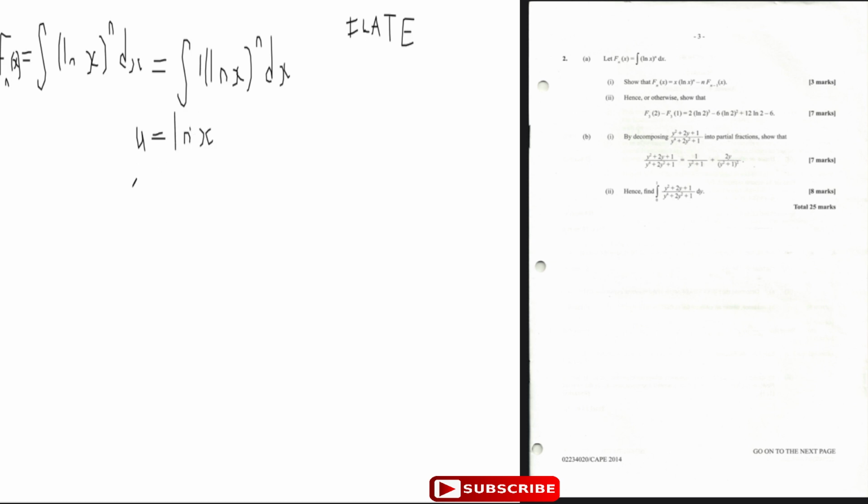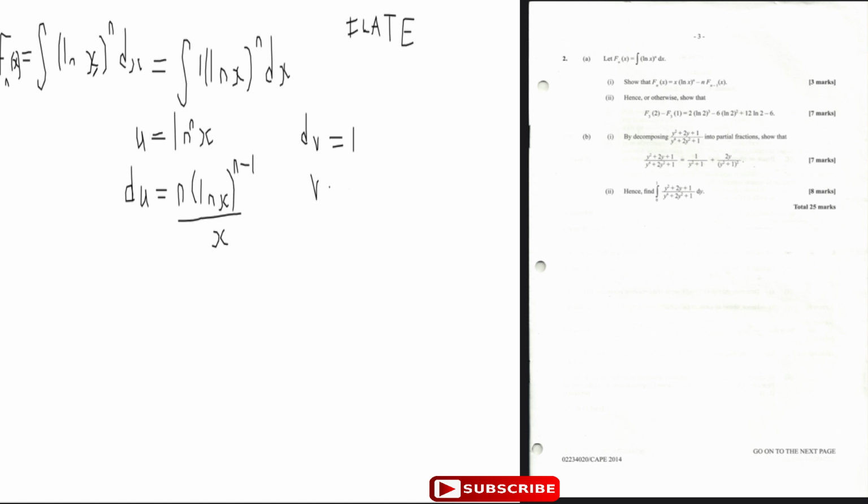And so du is going to be equal to, we carry down the power n, subtract 1 from the power to get ln x to the n minus 1, then multiply by the derivative of ln x, which is 1 over x. So it's really all of this over x. That's du. Then dv is equal to 1, and when we integrate 1, we get v equal to x.